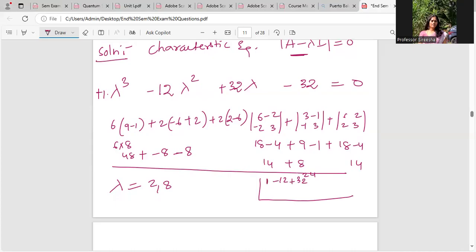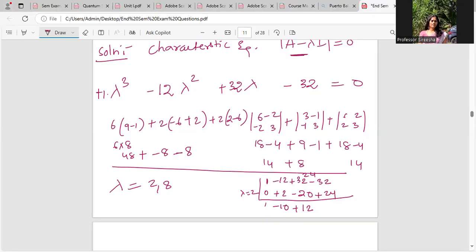I'll choose lambda equal to 2. 0, 1, minus plus 2. 1 into 2 is 2, so minus 10 is what I will have. So minus 20, right? 32 minus 20 would be plus 12. 12 twos is 24.